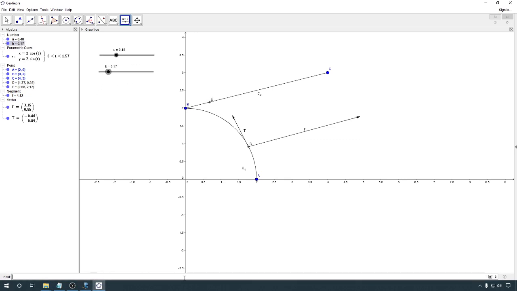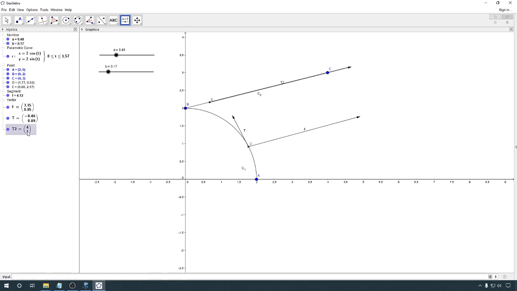From that point, I'll call it T2, the tangent vector at that point is going to be E plus the vector. Remember, our vector was 4, 1.